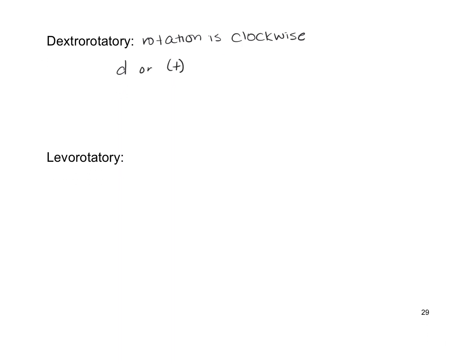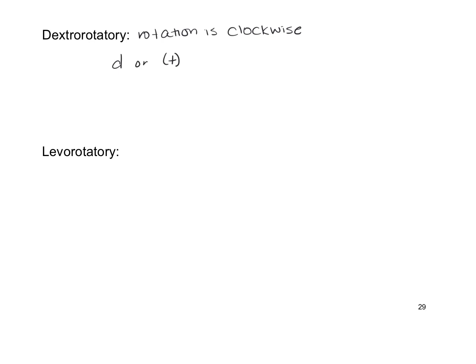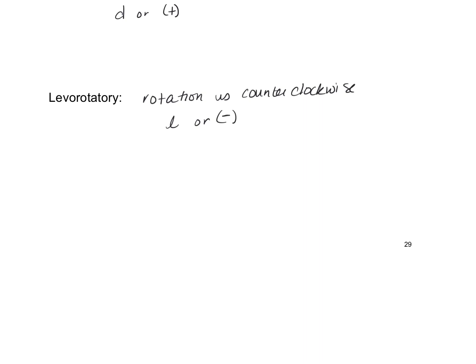And then if the rotation is counterclockwise, it's said to be levorotary. And this is either labeled as L or with a negative. Now, two enantiomers rotate in plane polarized light to an equal extent, but opposite directions.